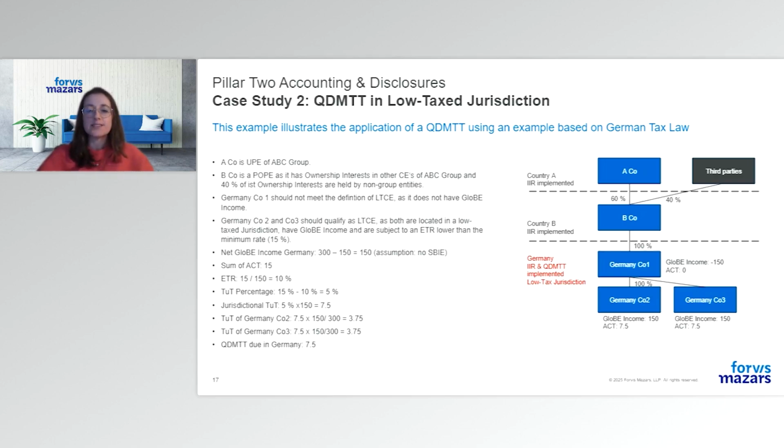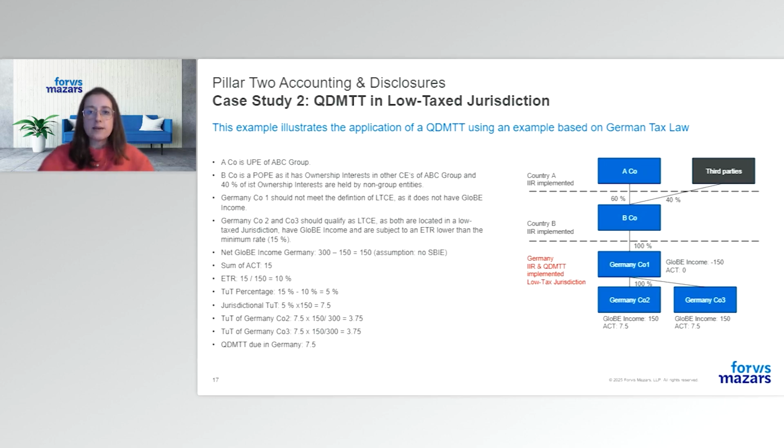And in Germany, there is an IIR and a QDMTT in place. And Germany is, in this example, the low tax jurisdiction. We have a German company 1 with GloBE income of minus 150, meaning a GloBE loss and no adjusted covered taxes. And then we have 2 German entities with GloBE income of 150 each and adjusted covered taxes paid of 7.5.